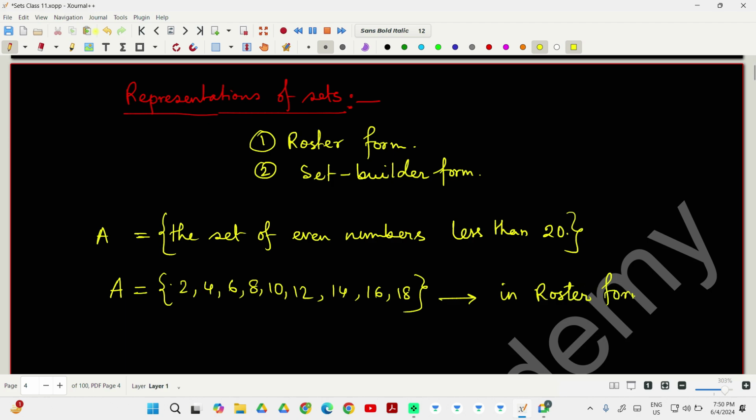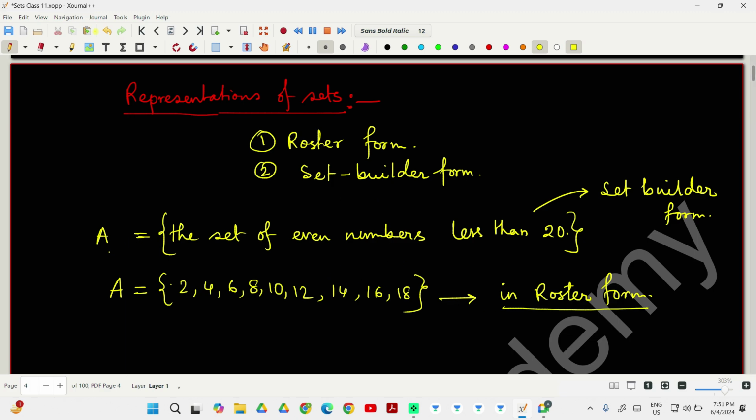And we have already introduced the set builder form. This is the set A in set builder form. That means if we write the elements of the set sequentially with no repetition, then this is called a roster form, the set in roster form.